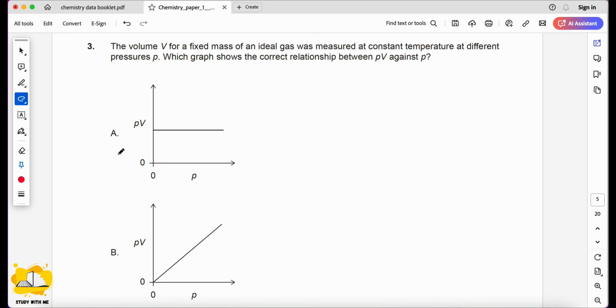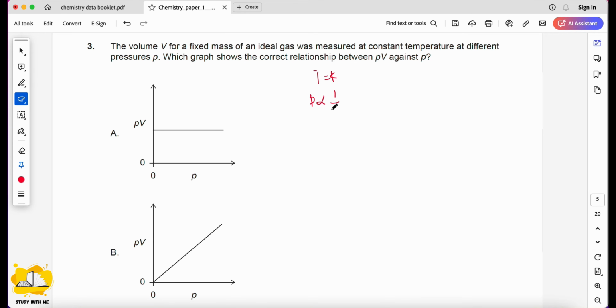The volume V for a fixed mass of an ideal gas was measured at constant temperature at different pressure. Which graph shows the correct relationship between PV against P? So if T is constant, it's Boyle's law.